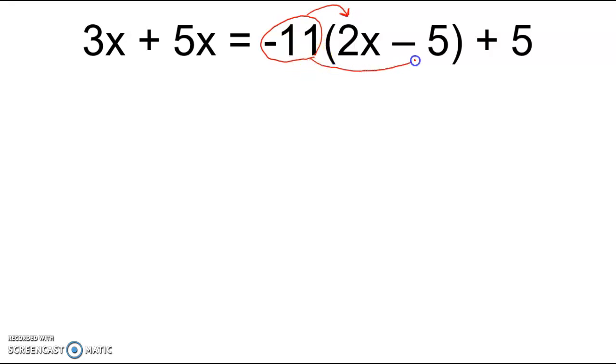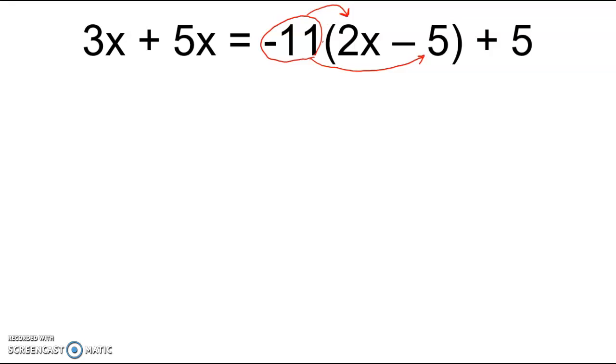We have to multiply each term that's inside the parentheses by the number that's right outside the parentheses. These two, the negative 11 and this parentheses, are connected by a multiplication. So that's what distributive property is, basically multiplying.